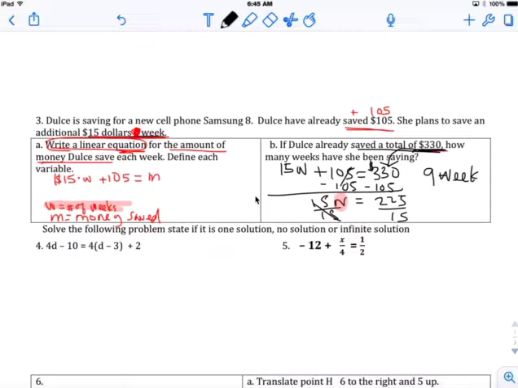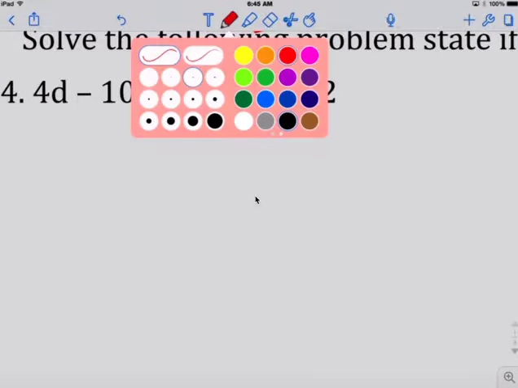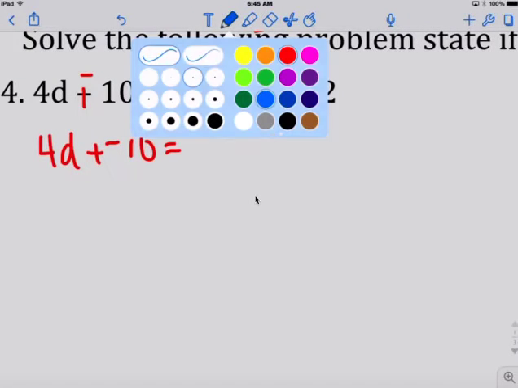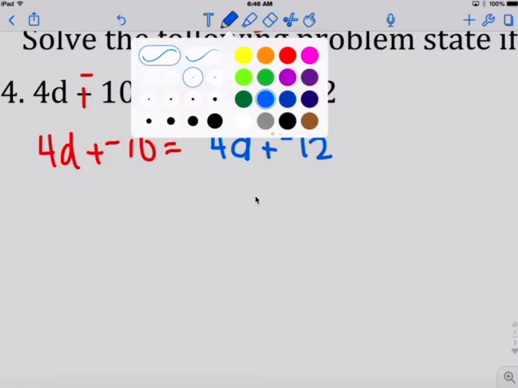Number 4, additive inverse, plus a negative. 4D plus negative 10, you can't do anything. You distribute that: 4D, distribute, plus a negative 12, plus that 2.